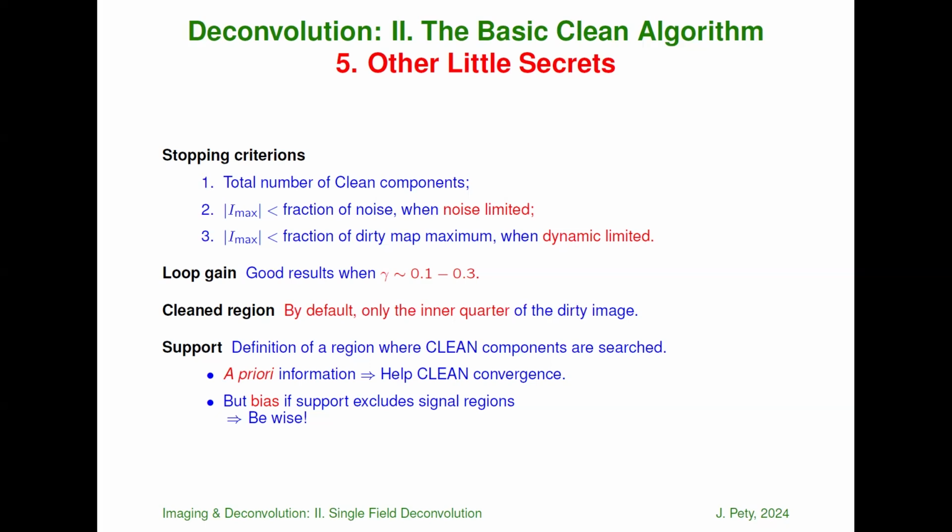This is one possibility. A second possibility. This first possibility is nice when you have an experiment that is limited by the thermal noise of your interferometer. That's not always the case. Sometimes you have, well, you always have phase noise, and phase noise is scattering the flux of point sources around these point sources.